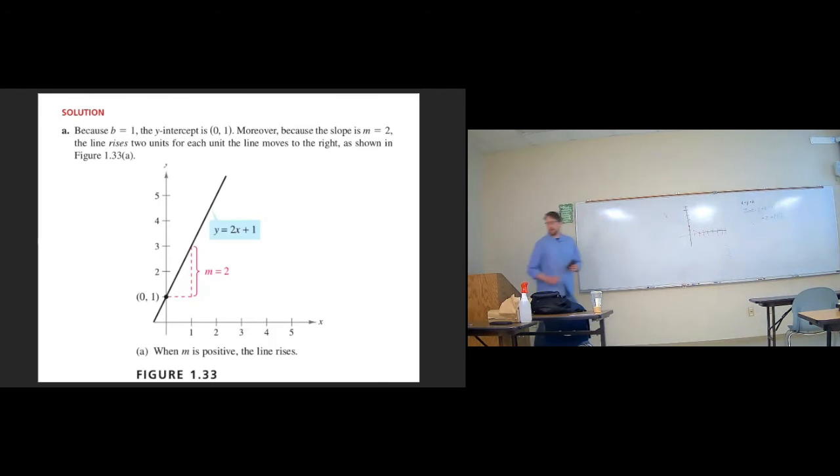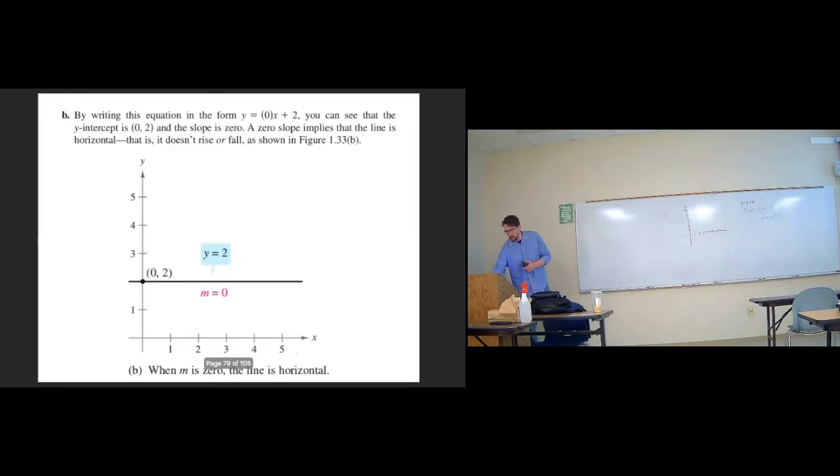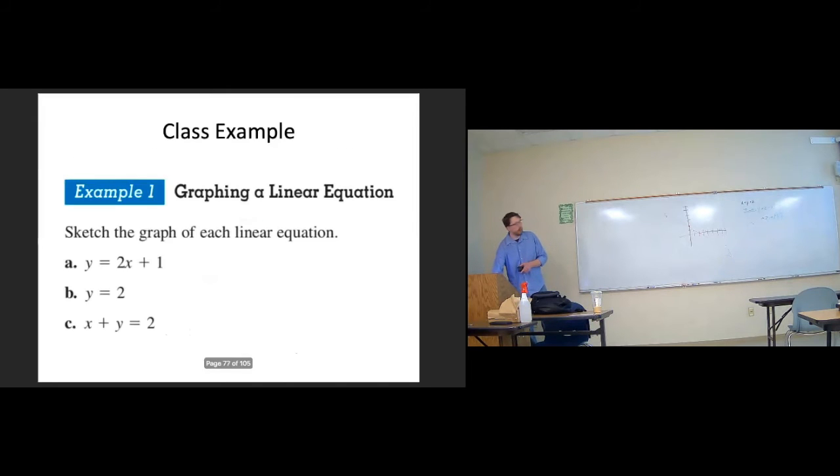So having said that, we had the other example, b, which is just y equal to a constant, right? Well, what this really is the equation 2 plus 0 times x, right? Make sense what I mean?